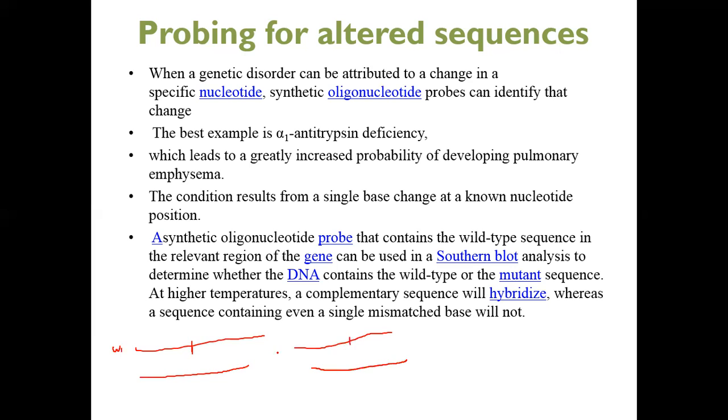This is the mutant. We design the probe. The probe will match over there, and for this it will not. There is no binding site for this one. So from this probing, we can identify whether our required DNA sequence is present or an altered DNA sequence is present.